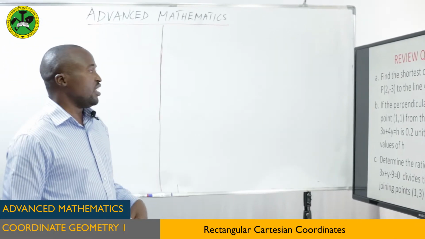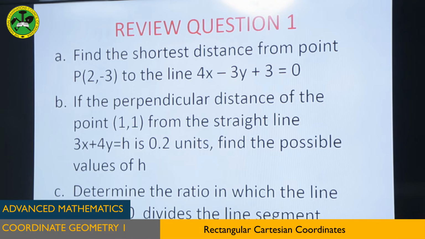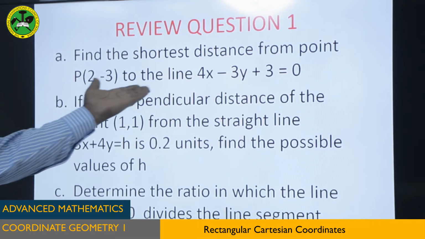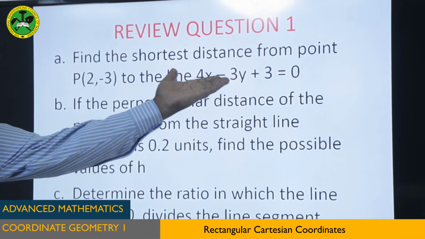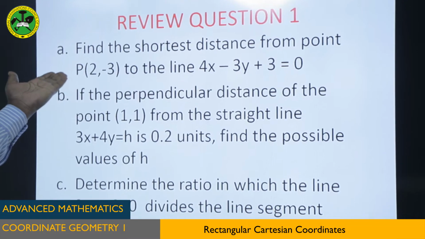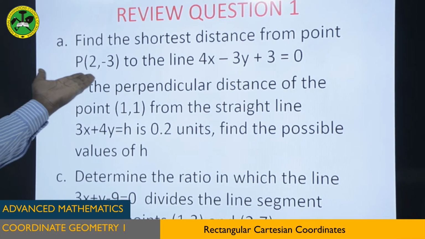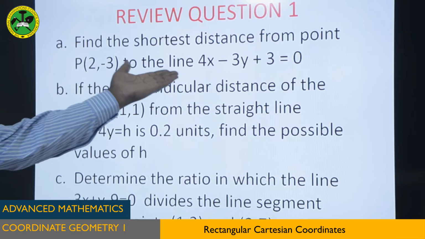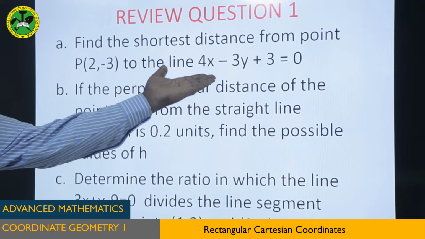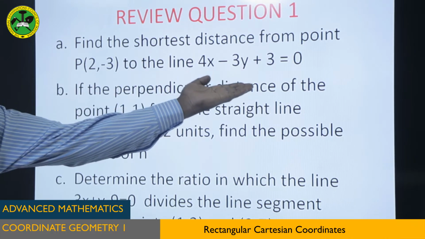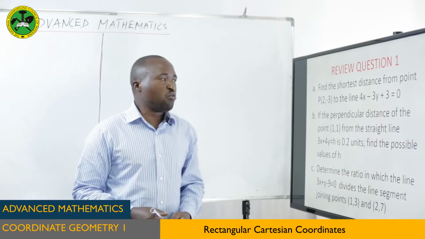We are going to start with A. The question says, find the shortest distance from point P, that is (2, -3), to the line 4x minus 3y plus 3 is equal to 0. That is your question.